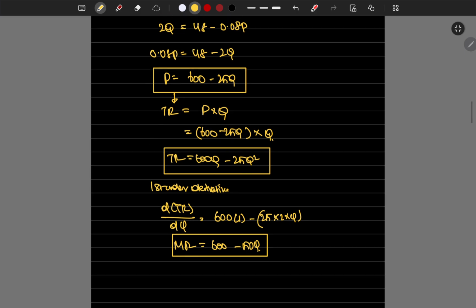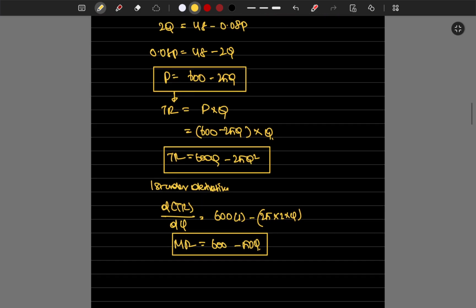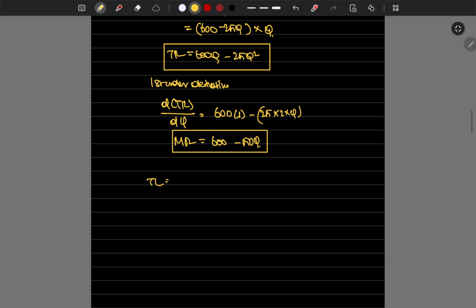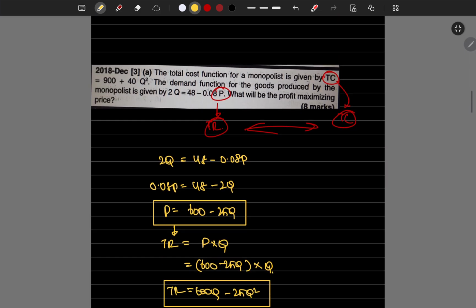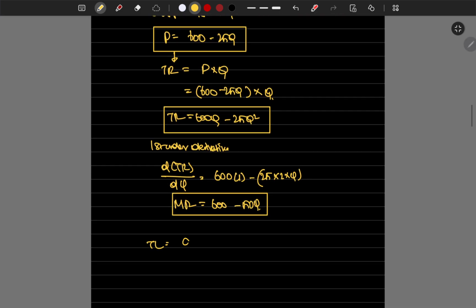Then comes another one, which is total cost. Total cost given in the question is 900 plus 40q square.